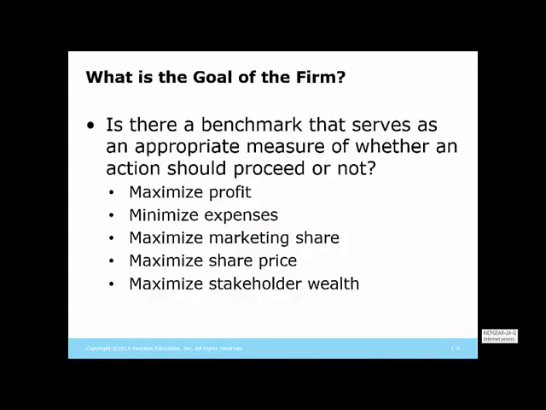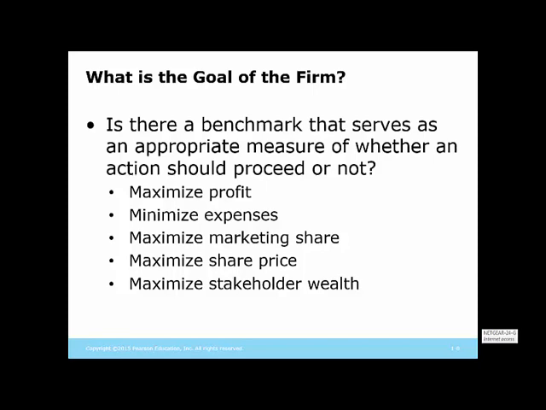So let's talk about, in general, benchmarks. Your book uses the word goal. I've heard the word objective before. They don't really seem to fit the business context. But everybody understands the term benchmark. Whenever you make a decision, there is some line in the sand that's drawn that says if you step over the line, you'll do something. If you don't step over the line, you don't do something.